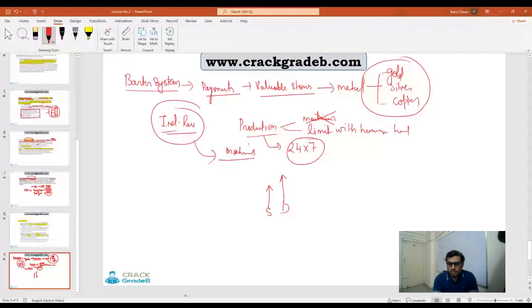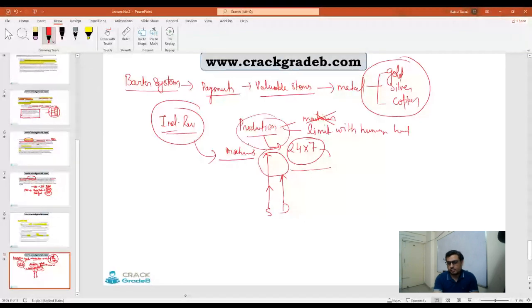But due to the industrial revolution, you are able to work 24/7 and increase your production multifold. Surplus. If you are able to sell the surplus, you can generate more money and more profits.